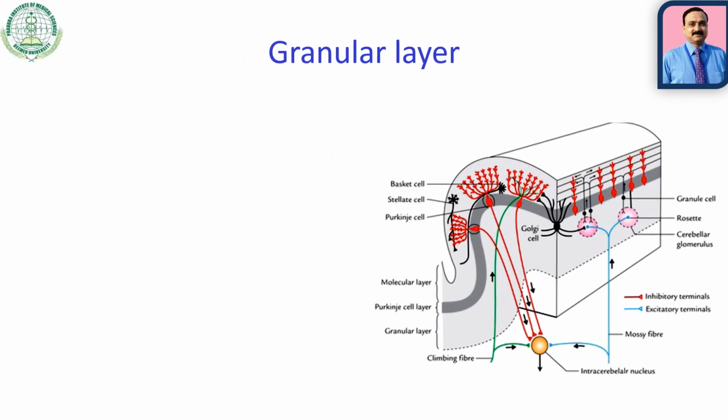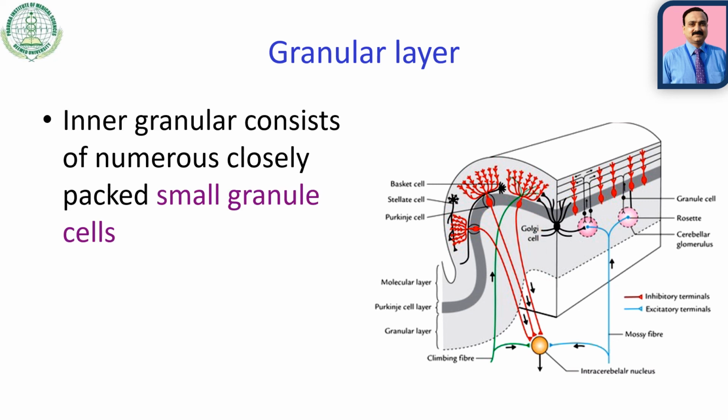Now third layer is granule layer. So you can see here granule layer. Inner granular layer consists of numerous closely packed small granule cells. So in granular layer there are large number of cells which are closely packed, and these are small granule cells. You can see these black dots, they constitute the granule cells, and they have connections in that layer.